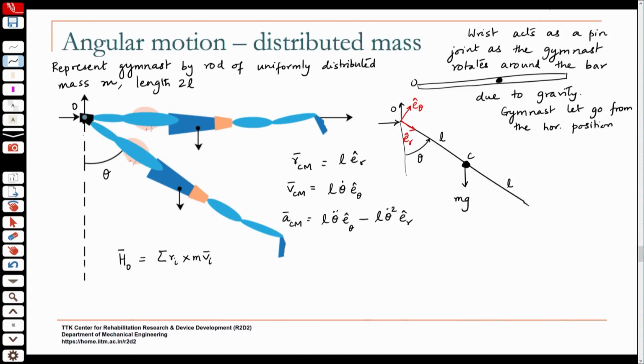Now, this is a continuous rod of mass m, so we will write this as an integral, r cross v dm.